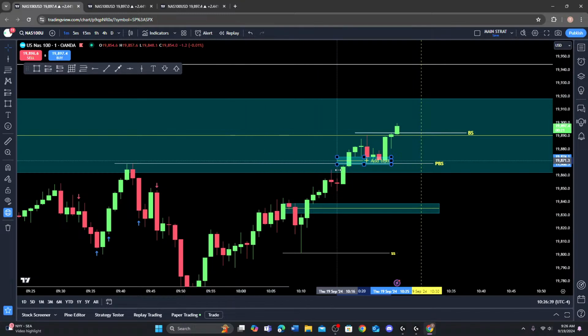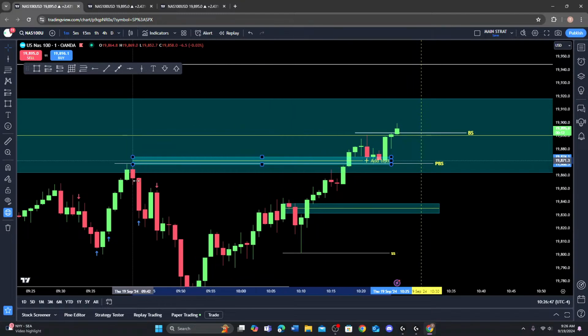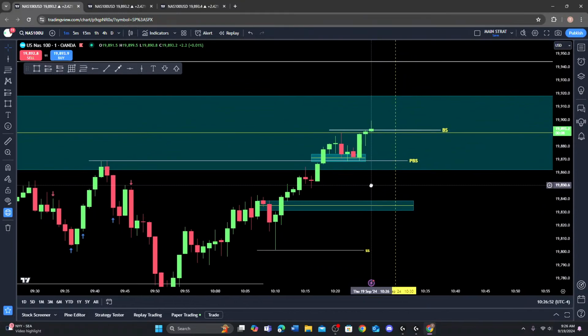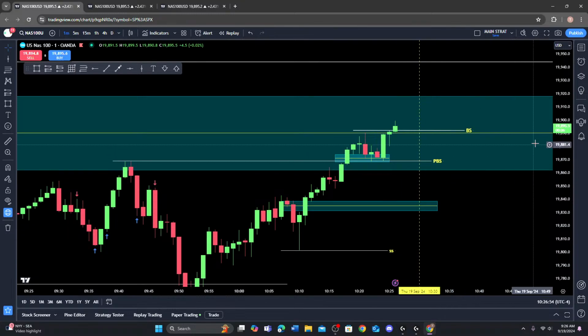I used to trade breakouts, but I usually like to buy it at a discount.